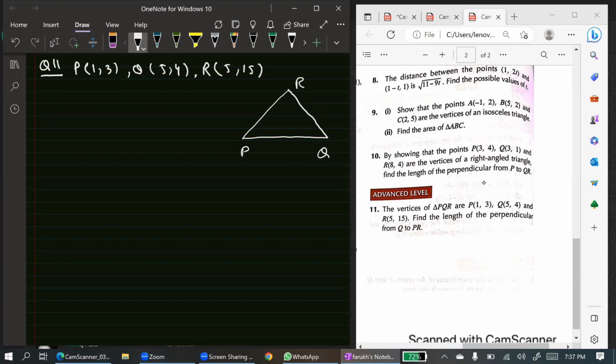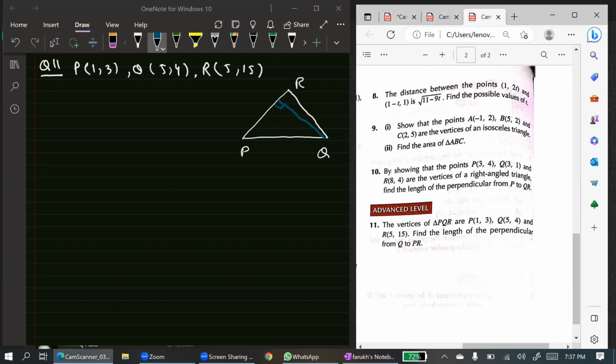This one is the triangle PQR. This one is the perpendicular. We want to find out the length of this perpendicular. Can you see the perpendicular with a blue line? Yes.